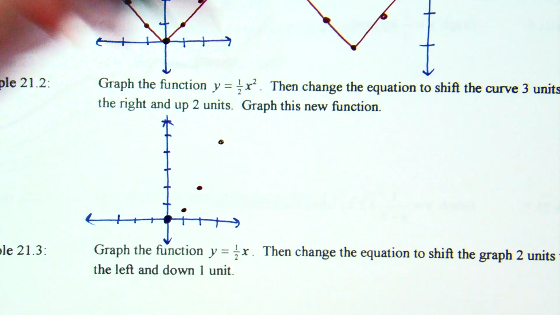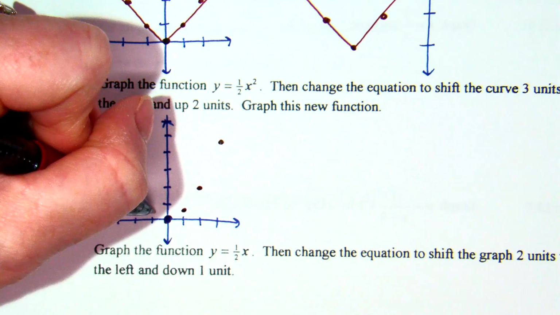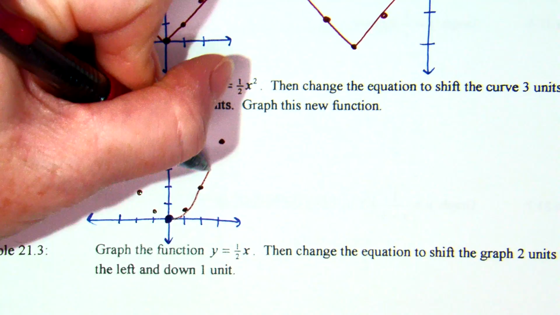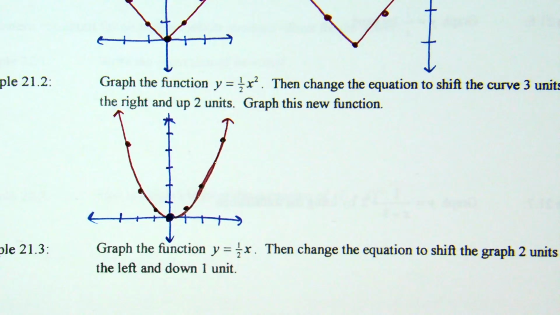Remember, it should be U-shaped. And keep in mind, you can always do an XY chart if you feel that need, which is essentially what I talked you through. 0, 0, 1, 1/2, 2, 2, and 3, 4.5.